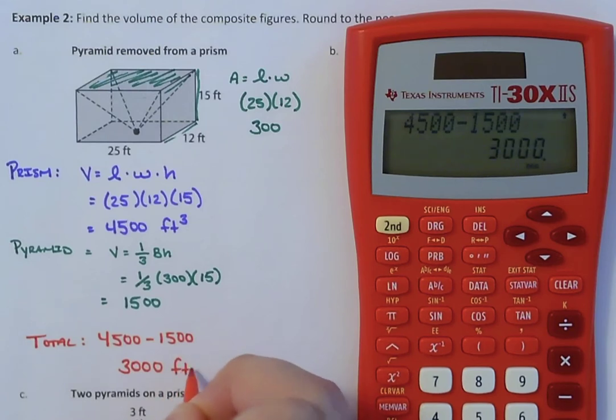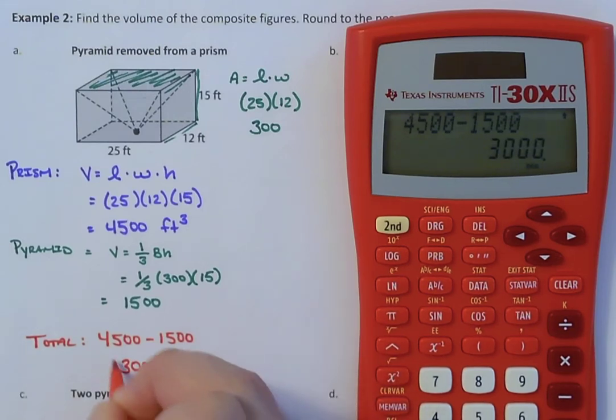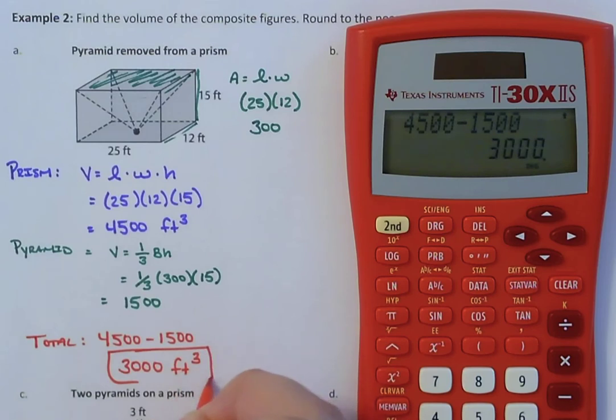So 3,000 feet cubed is the total volume of this composite figure. Now, if the pyramid was on top of the prism, we would add these together, and that would give us a total volume of 6,000. But we're removing it, so we have to subtract it away.